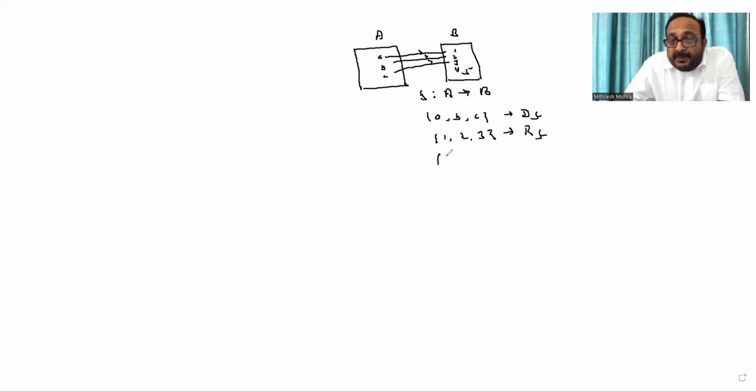And all the elements present in 1, 2, 3, 4, 5 are known as the codomain of the function, right? And as you know, all the elements present in A and B, that means domain, range, or codomain, must be real numbers. Is it right?